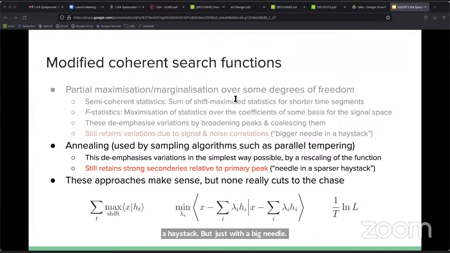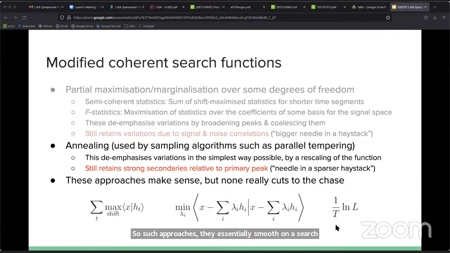Okay, there's another main way of modifying these search functions known as annealing, and this is often done as part of algorithms such as parallel tempering MCMC. This de-emphasizes variations in the simplest way possible by just a rescaling of the function. So for example, the log likelihood here can be heated up by a temperature of T. Such approaches essentially smooth out the search function, in particular variations due to noise.